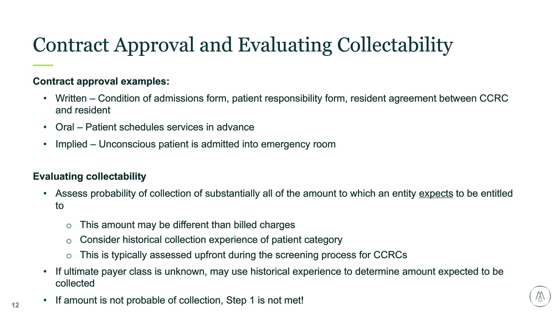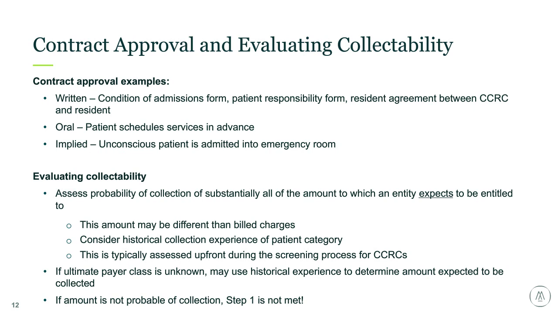When evaluating collectability under Step 1 of the standard, entities need to consider the probability of collection of substantially all of the amount to which they expect to be entitled. The amount they expect to be entitled to could be different than the billed or the discounted contractual charges. For example, a healthcare entity may know that based upon their historical experience, they don't expect to collect full billed charges from certain patient classes, such as uninsured patients.